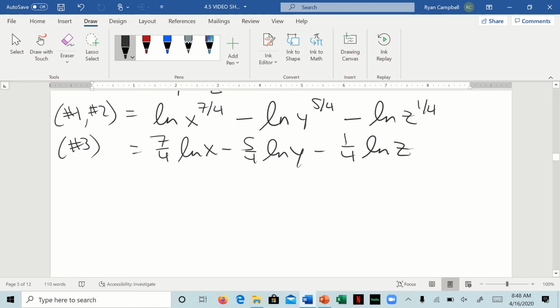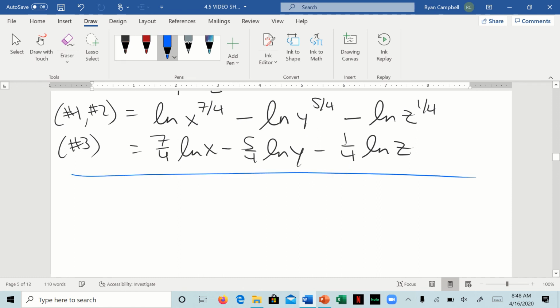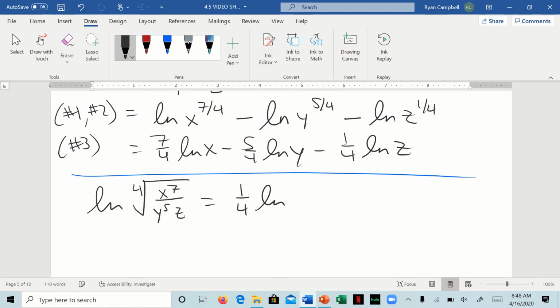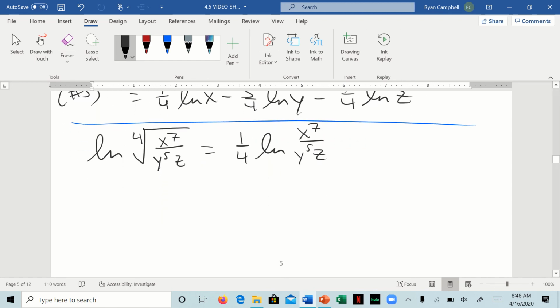All right. So the other way that you could do it is you could bring out the 1/4 first. So you could do 1/4 natural log of x to the 7th over y to the 5th z. The thing that I see most likely to occur for students is when you distribute for the next rule.